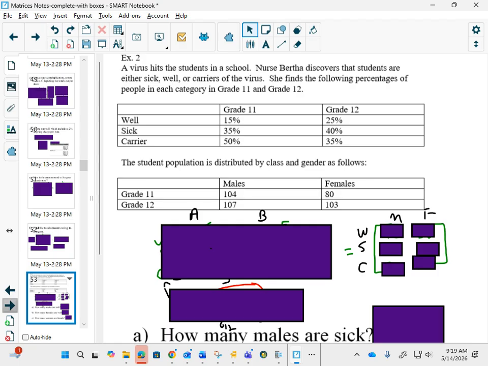Here's the student population on this boat. 104 males, 80 females, 107 in grade 12, 103 females in grade 12.